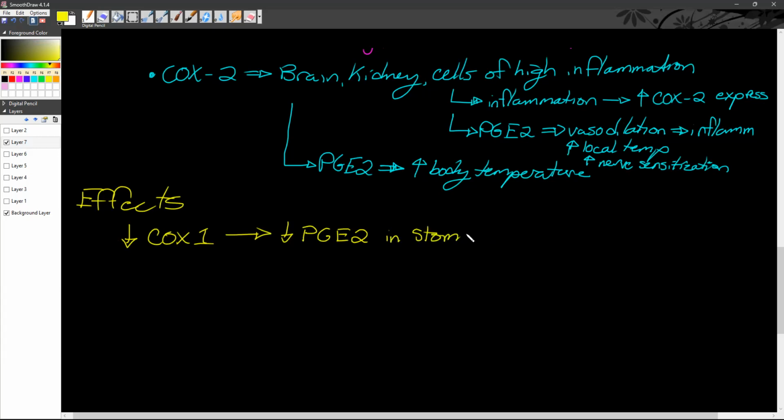That's where the largest effect is. Is this very beneficial? Not at all, because the effect of having this COX-1 inhibition is that we get peptic ulcers and potentially GI bleeding. So great, our drug is already causing issues.